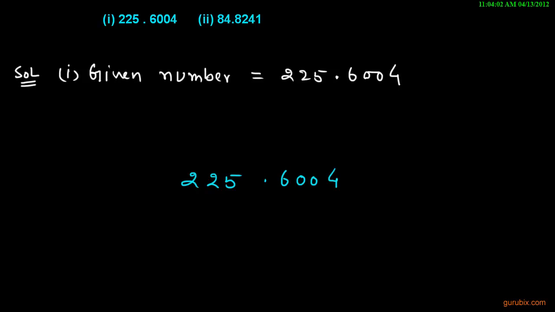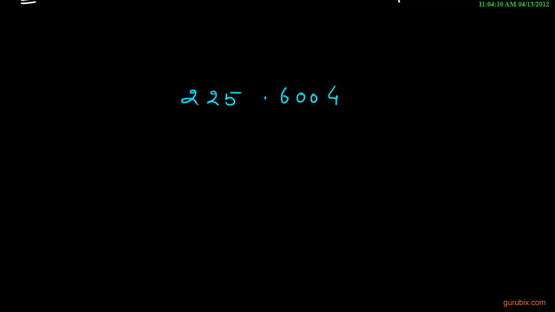225.6004. First of all we shall write this number in the middle of the sheet like this, and now we shall place a bar over each pair of digits on both the decimal part and the whole part of the number, and we shall start from here like this.